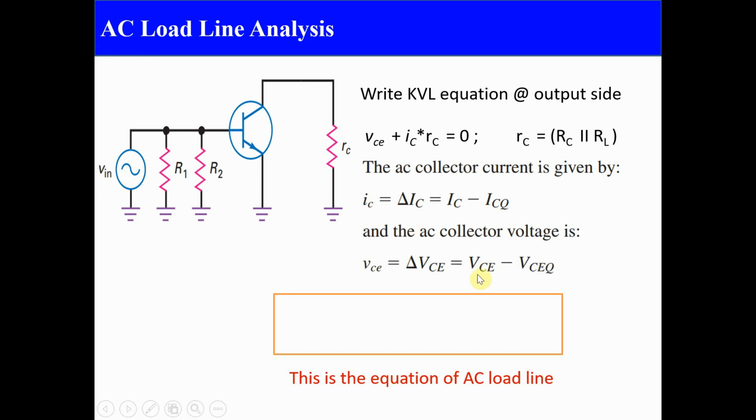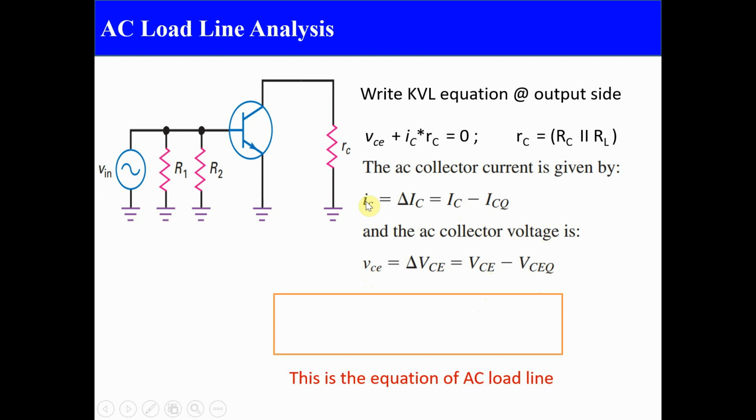Similarly, this VCE is equal to the AC collector to emitter voltage plus VCQ. Clear? So that's why we have this equation: the AC collector current is equal to capital IC minus ICQ, and the AC collector to emitter voltage is equal to the total collector to emitter voltage minus VCQ. VCQ and ICQ represent DC quantities.